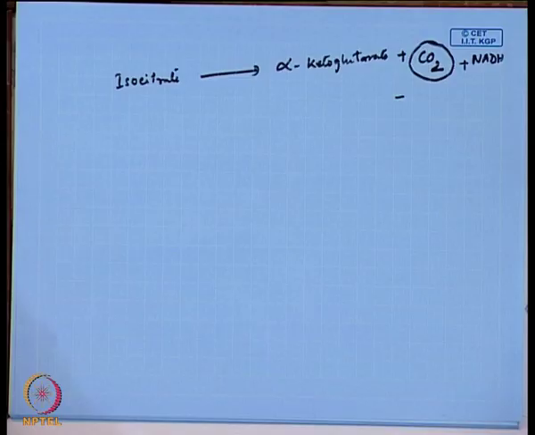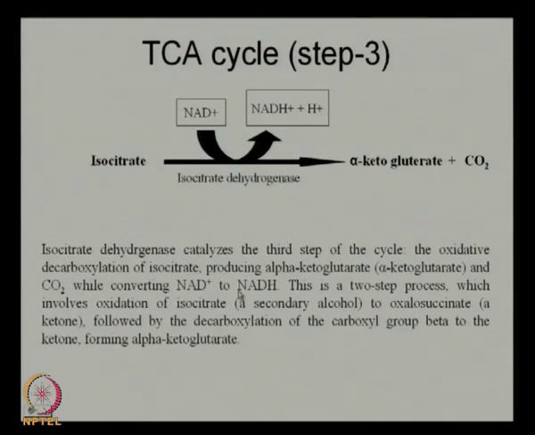So, a decarboxylation reaction is taking place, the oxidative decarboxylation of isocitrate producing alpha ketoglutarate, with carbon dioxide released while NAD is converted to NADH.